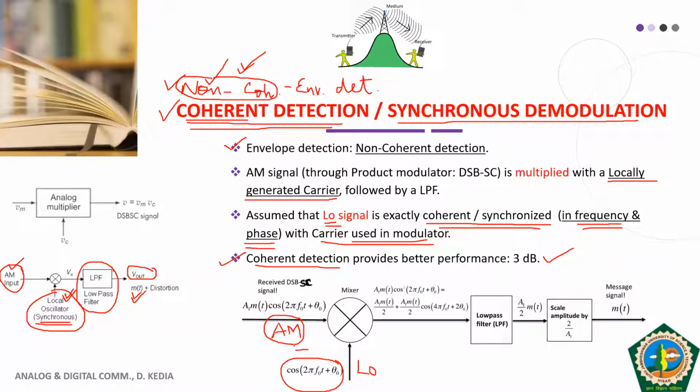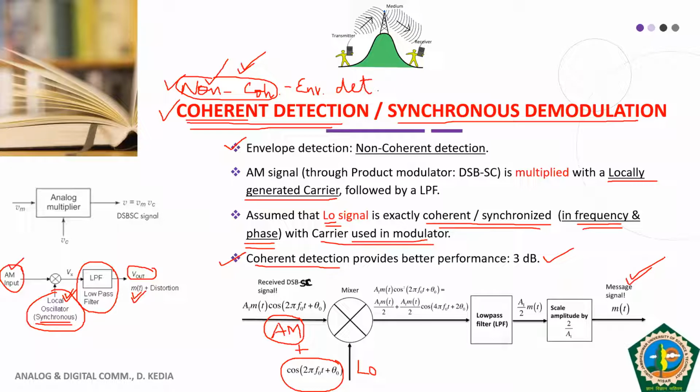They must be in consonance with each other. Only then will we be able to get the correct demodulated signal. For the time being, keep in mind that in coherent detection we use a local oscillator carrier signal, which is mixed with the AM signal, and we get the demodulated signal.